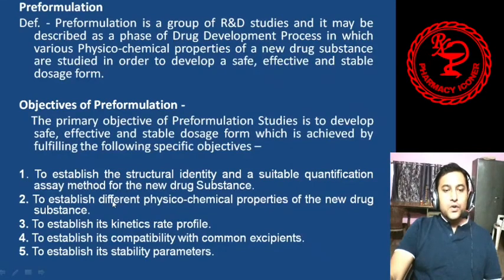Number 2, to establish different physicochemical properties of the new drug substance. Number 3, to establish its kinetics rate profile. Number 4, to establish its compatibility with common excipients, and the last one, to establish its stability parameters.